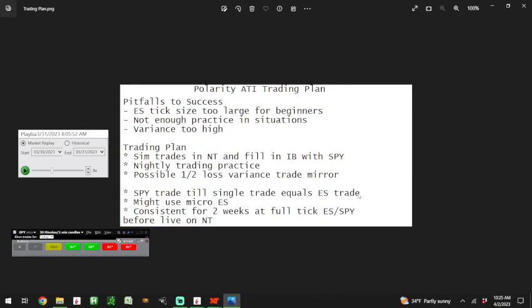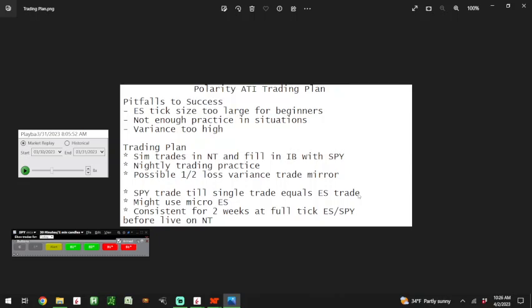Because I'm mirroring the trades in SPY in my other brokerage account, the most important thing is that the ES tick size is too large. The minimum contract you can trade is one, and the tick size is 12.5.